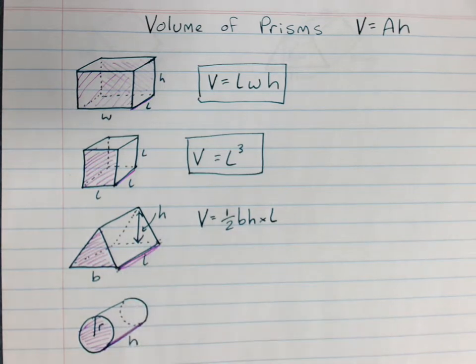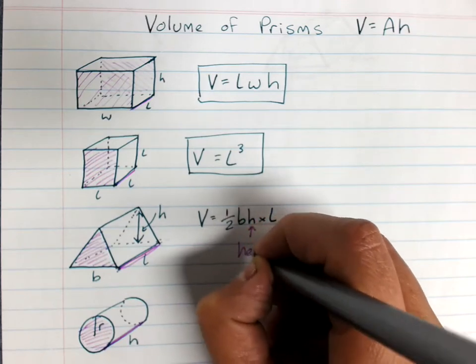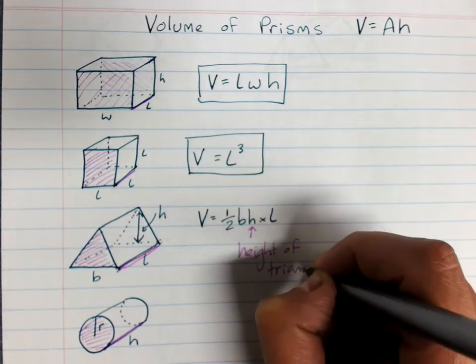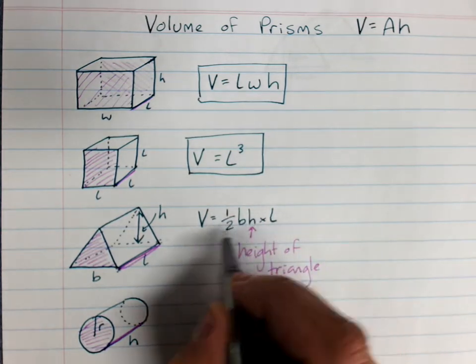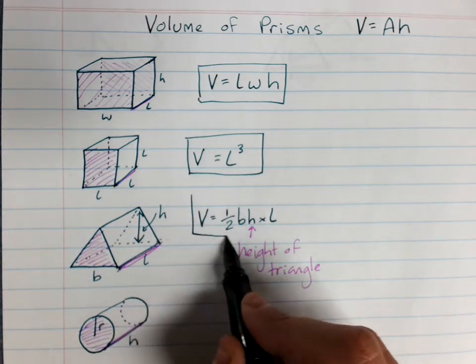So please do remember, for a triangular prism, that height is the height of the triangle, because you're getting the area of the triangle and that needs the height of the triangle. And I'll just put a little box around that one.